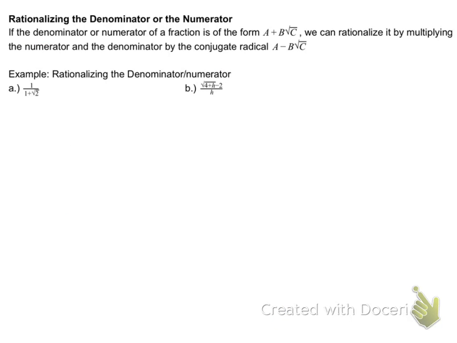Next, we're going to talk about rationalizing the denominator or the numerator. Now, in our problems, I got one of each. I'll again make those a little bit larger here for us. If the numerator or the denominator has this form here of a plus b times the square root of c or a minus b times square root of c, you rationalize it by multiplying both the numerator and the denominator by the same exact thing, but opposite sign.